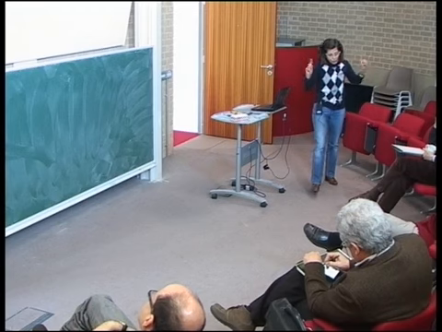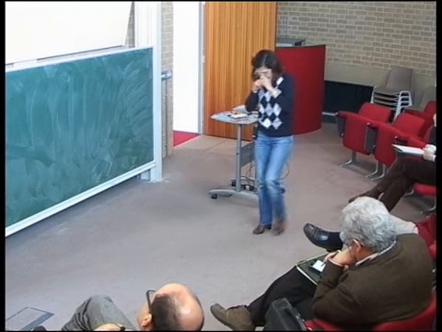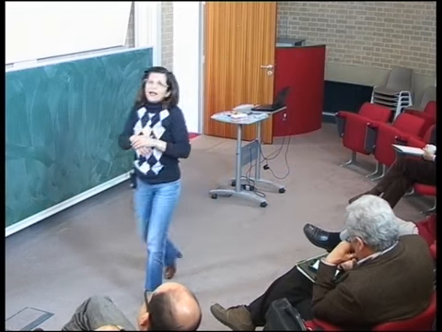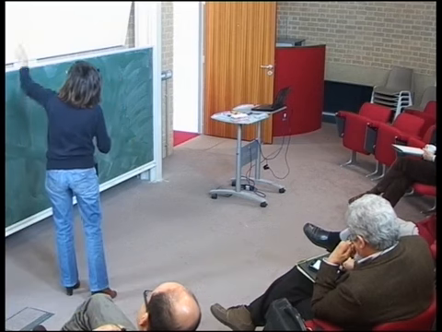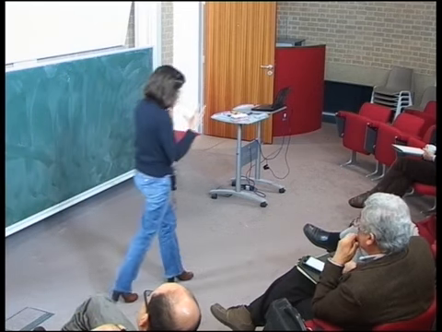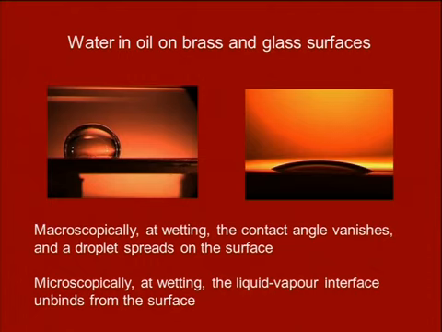Okay, so this is macroscopic, this is thermodynamics, and I want to look at the microscopic aspects of these. On the macroscopic level, at this wetting transition, the contact angle vanishes and the droplet spreads.